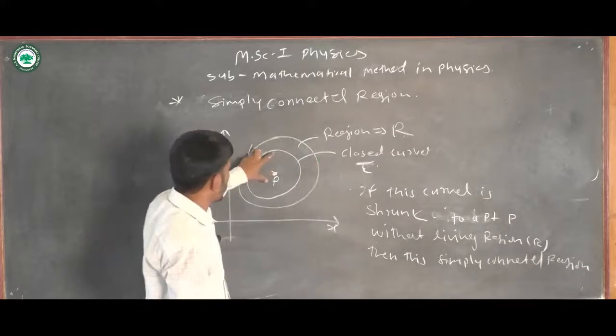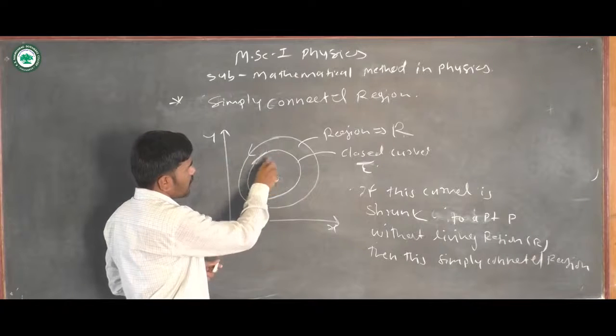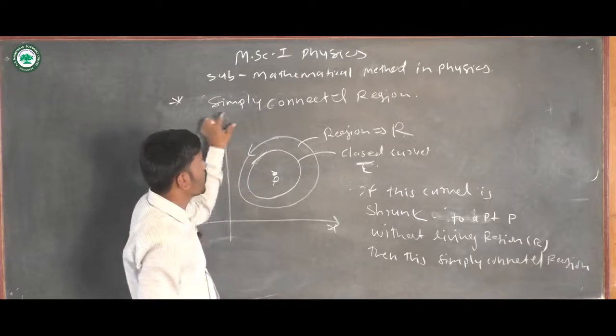So if the curve is shrunk to this point without leaving the region, then we call it a simply connected region.